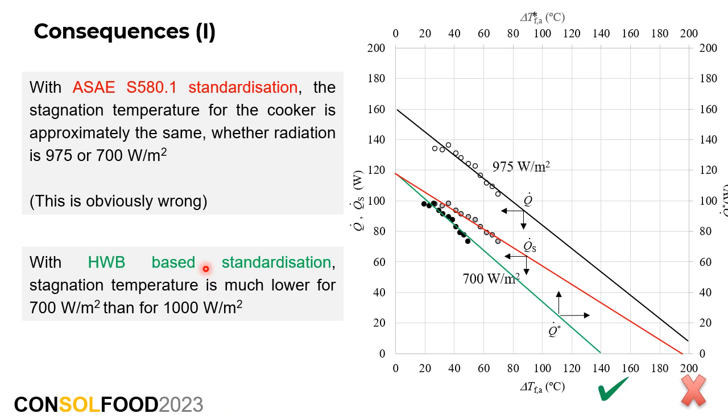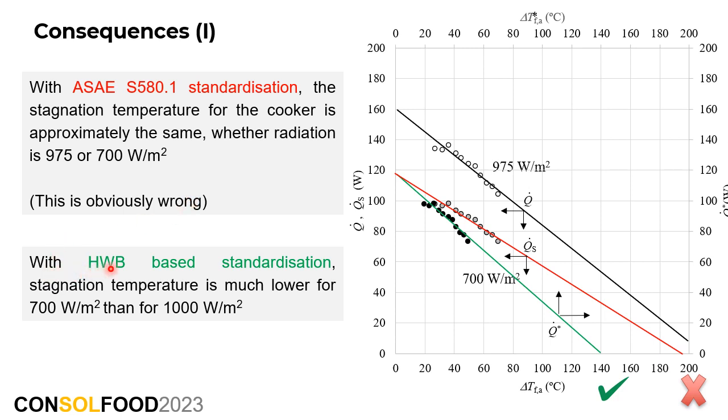In the opinion of the authors, the methodological error of the ASAE standard is clear. In this slide, we can see some consequences of this error. With ASAE standardization, the stagnation temperature for the cooker is approximately the same, whether radiation is almost 1000 or 700 watts per square meter, and this is obviously wrong because we expect that the stagnation temperature will change with radiation.